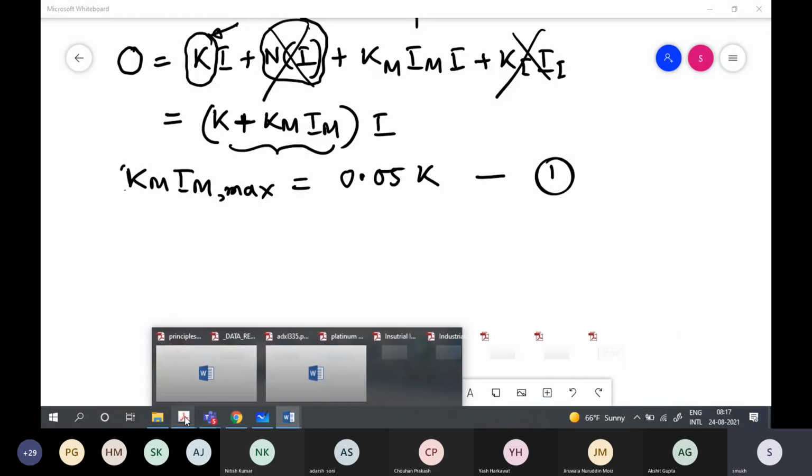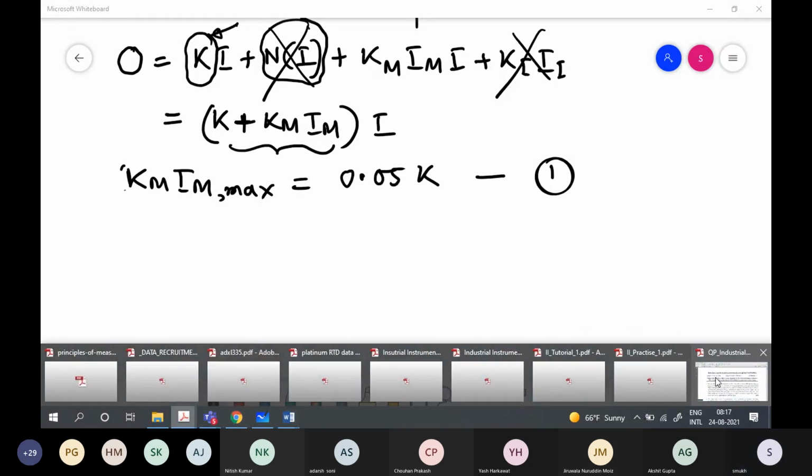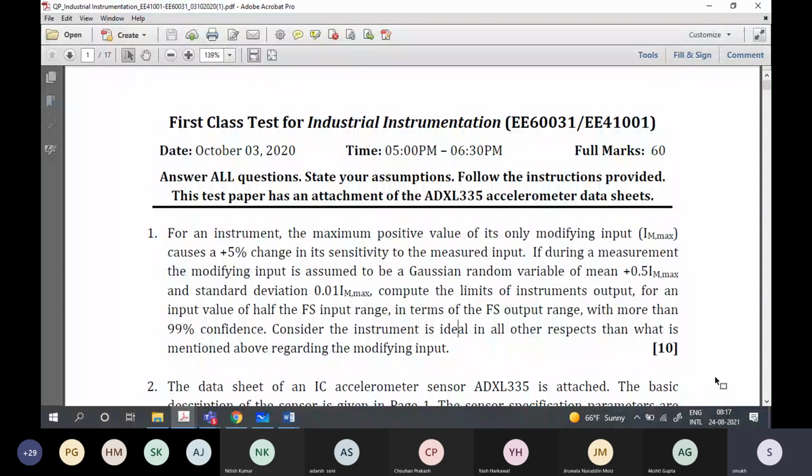I think here is the problem. I'm just trying to interpret the problem. Tell me when somebody gets it.